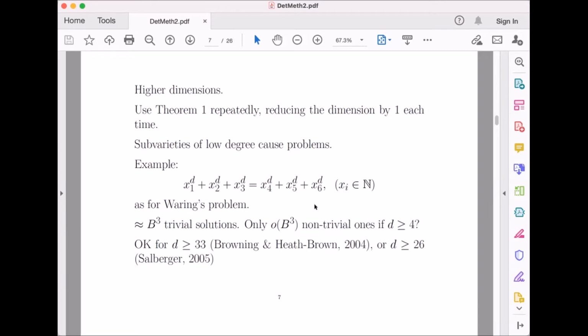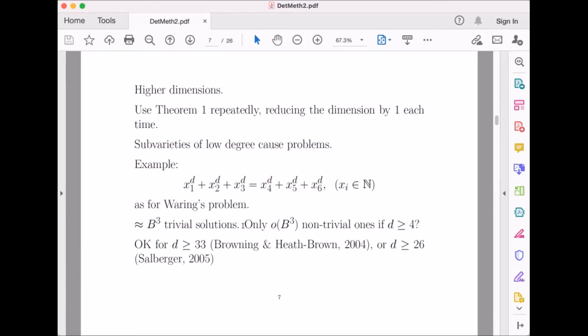And one would conjecture that there are a smaller order than B cubed number of non-trivial solutions as soon as d is at least 4. Indeed, I guess it's conjectured that if d is at least 7, one only has the trivial solutions.